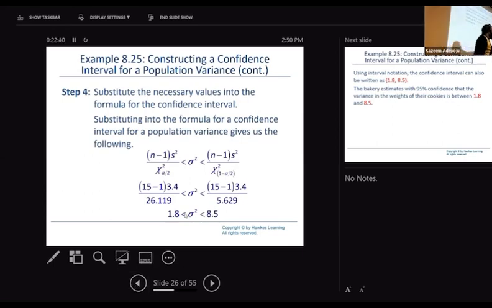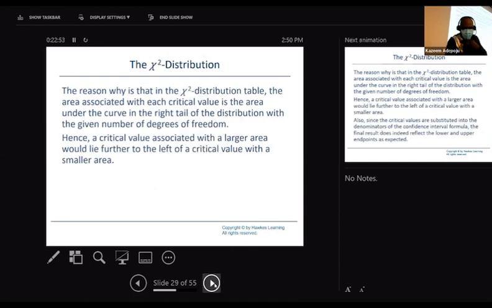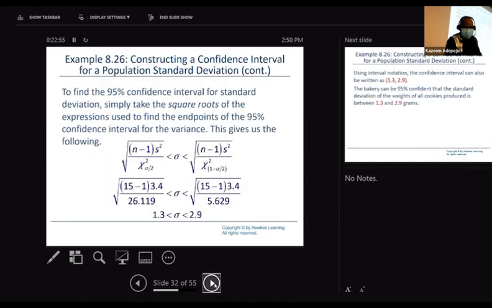If I want to get the interval of the standard deviation, I'm going to find the square root of all of that: the square root of 1.8, the square root of sigma squared, the square root of 8.5. Take a look at that, put in the square root of all of that, and that gives me this.